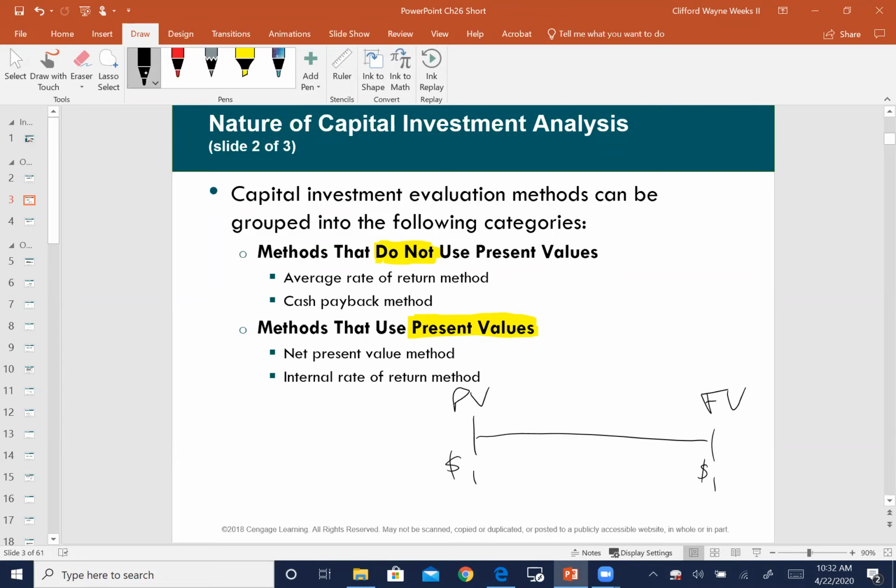You'd want to have that dollar today. Why? Because the time value of money is really interest. If we had that dollar today and we invested it at 10%, we would grow this dollar, we'd have $1.10.